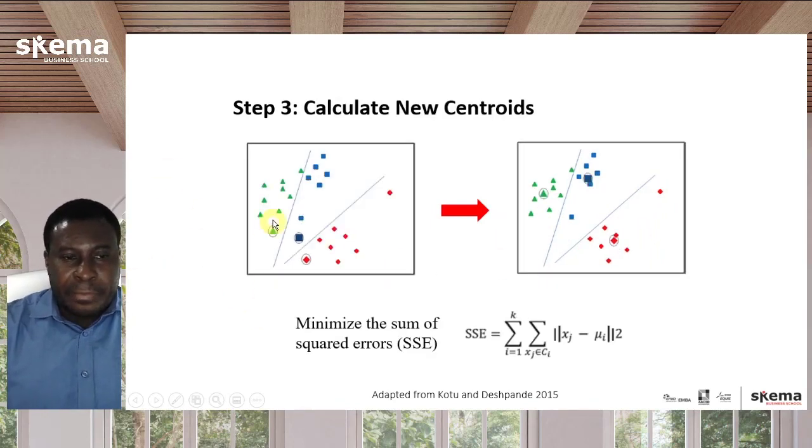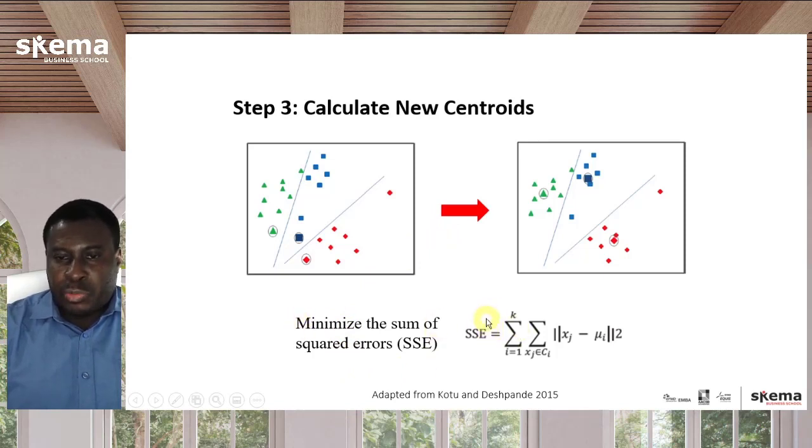In step 3, based on these first draft clusters, you now move the centroids to be at the center of all the members of the cluster that has been initially set. So this green moves over here, the blue moves around there, and the red moves around there. The center position for the new centroids is calculated using the sum of squared errors, and you minimize that.